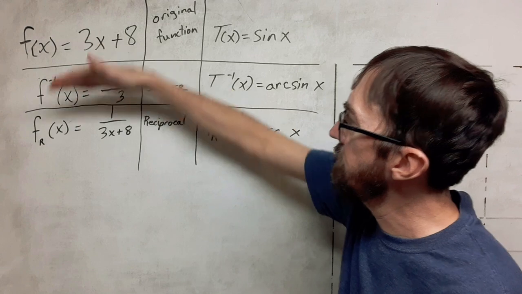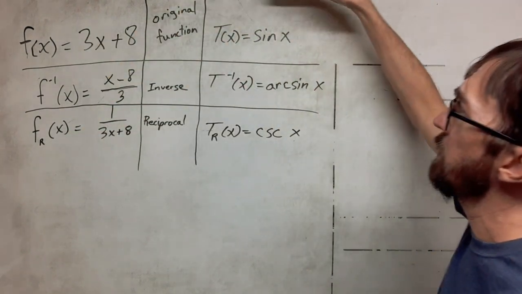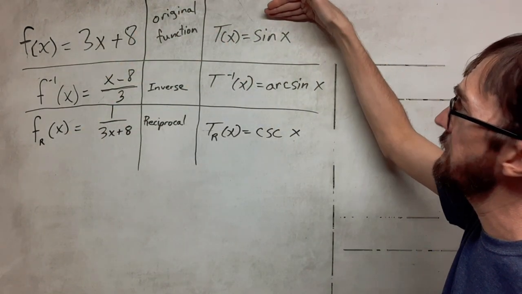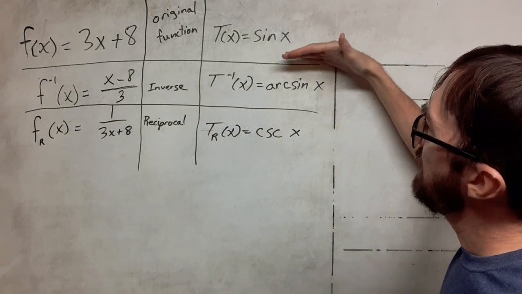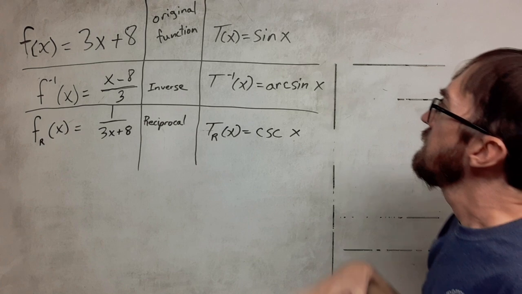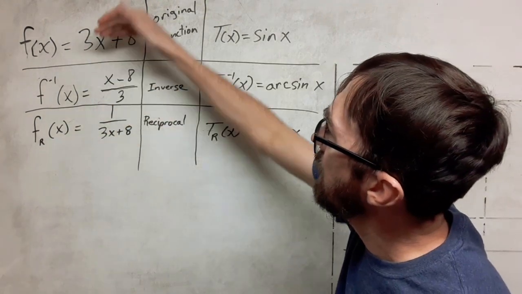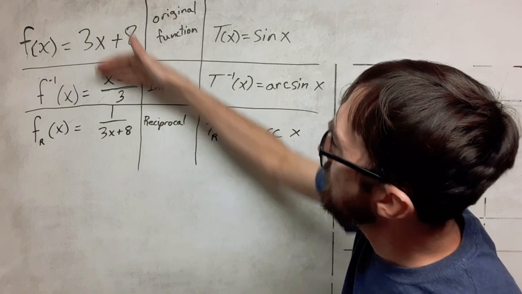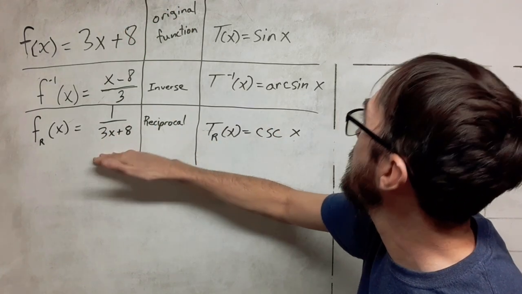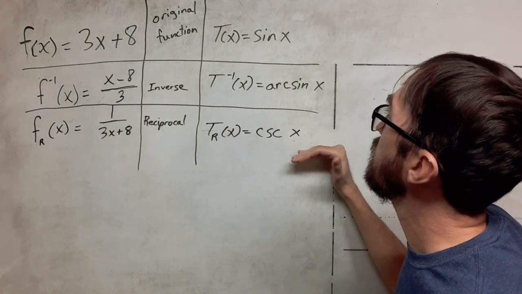We created its inverse and its reciprocal. And now we're going to look at the sine function as our example, and then look at its inverse and reciprocal. So over here, every stage, we had a change that occurred over here. We're going to see a change occur over here.